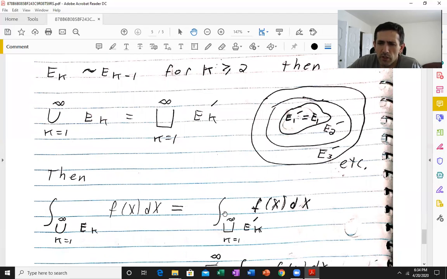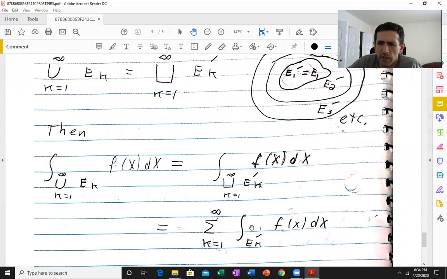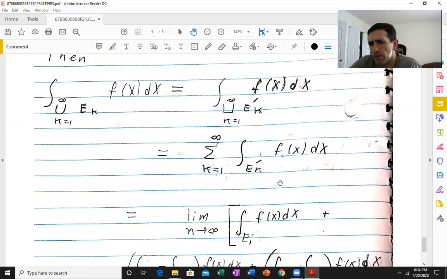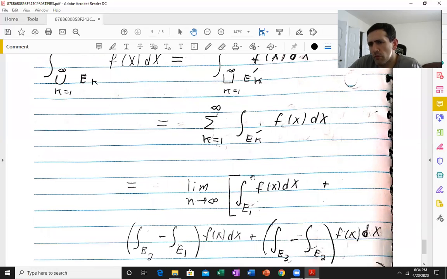So we can just use countable additivity right here. And then, like before, what's the definition of this infinite sum? It's just the limit of the sum as k equals 1 to n. Now, E1 prime is E1.